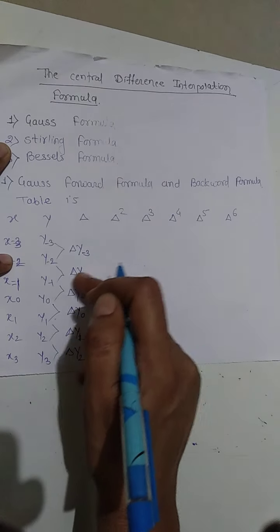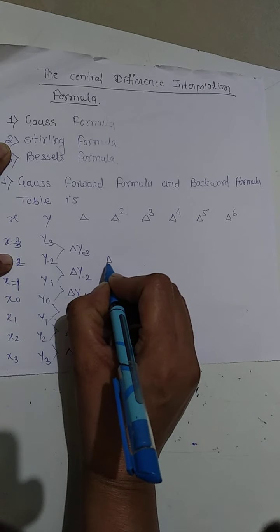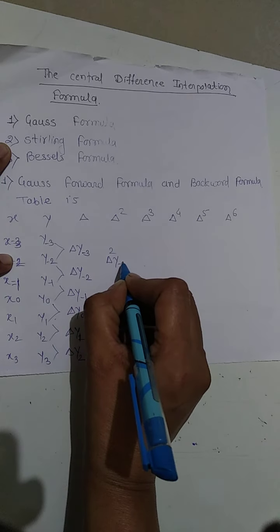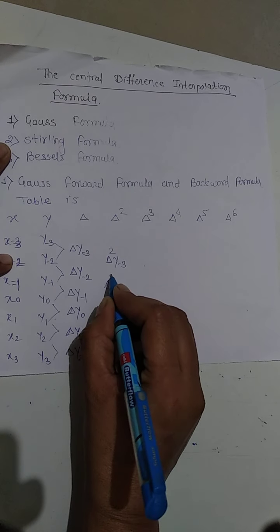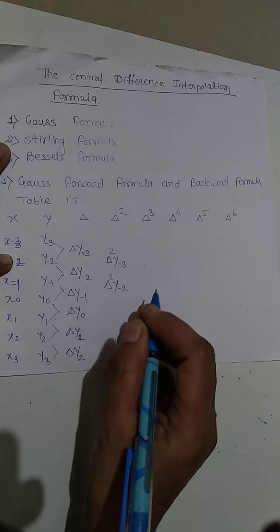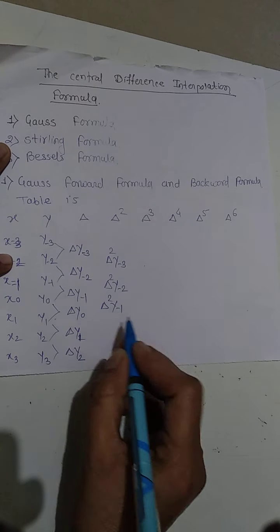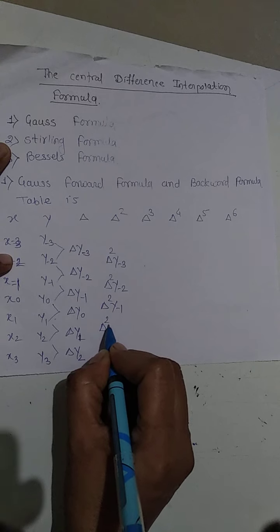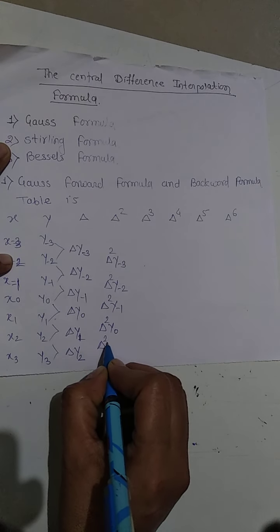Then again the difference between these gives del square y minus 3, del square y minus 2, del square y minus 1, del square y0, and del square y1.